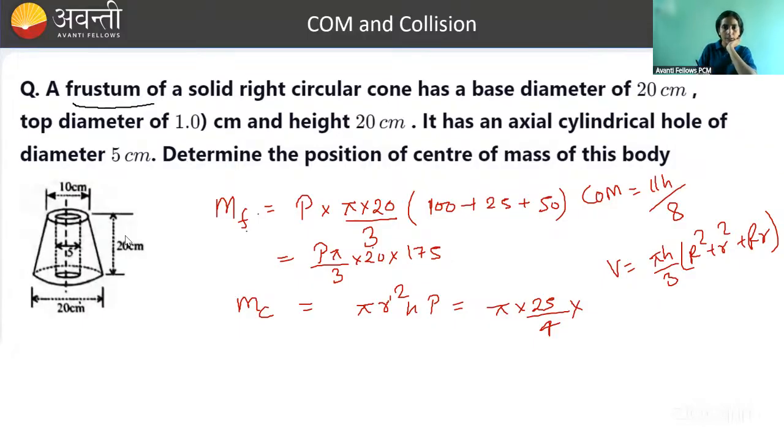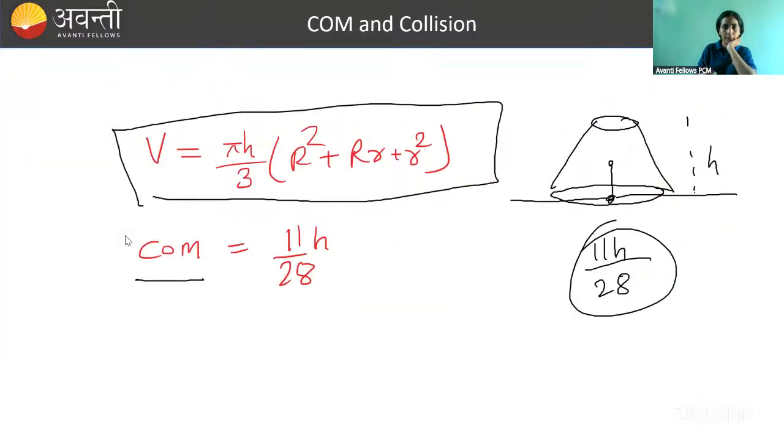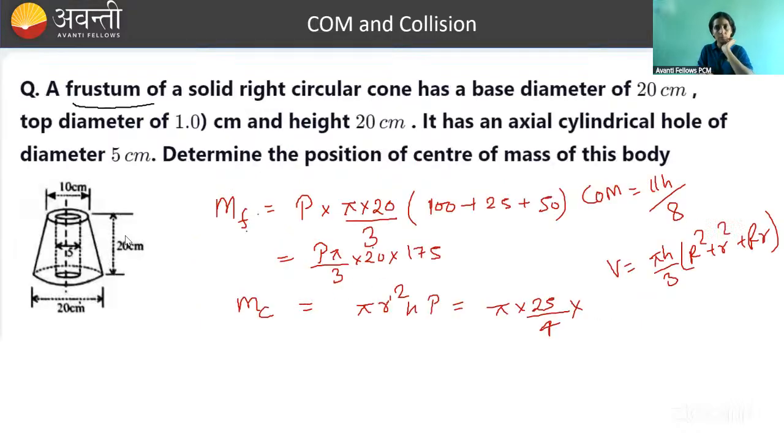It feels like around you are getting the same, almost. ठीक है? π h by 3 था ना यहाँ पे, भी h था, h को मैंने 20 रखा. यहाँ भी h को h ही रहने दो, क्योंकि दोनों का h सेम है. So 25/4 into h, this is the mass of cylinder.